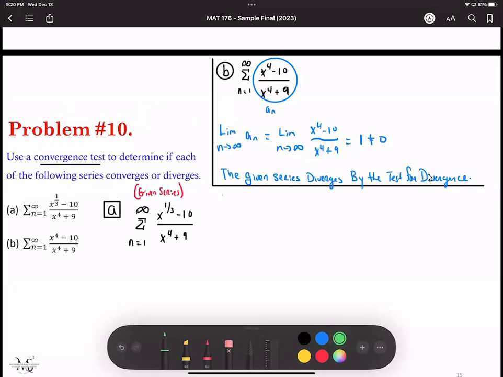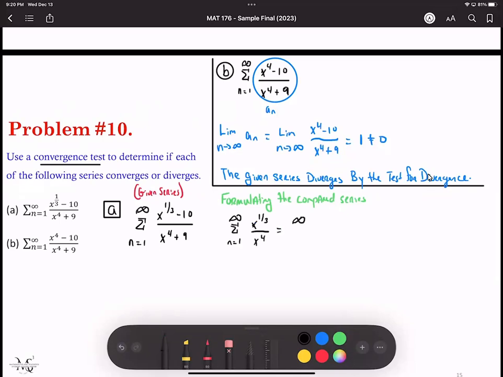So again, just ignoring the constants, we have the series from n equals 1 to infinity of x to the 1/3 over x to the fourth.